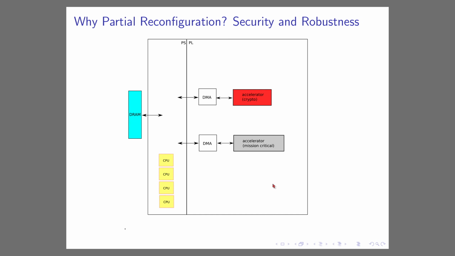No bits flip. The radiation, for example, has no effect on it. Then what I would do, I reconfigure this piece of silicon every while or so. For example, I reconfigure this piece of silicon every 100 milliseconds, just to be sure that what I have here is exactly the bitstream I want. Nothing has changed. Then again, partial reconfiguration becomes very handy.